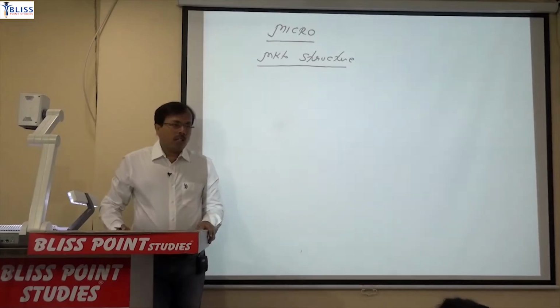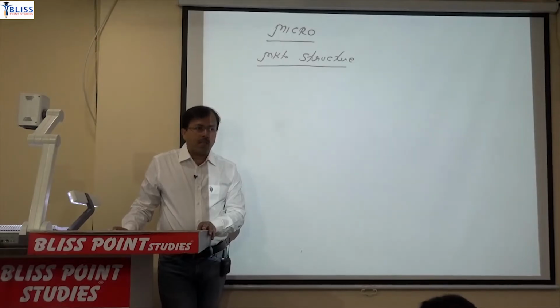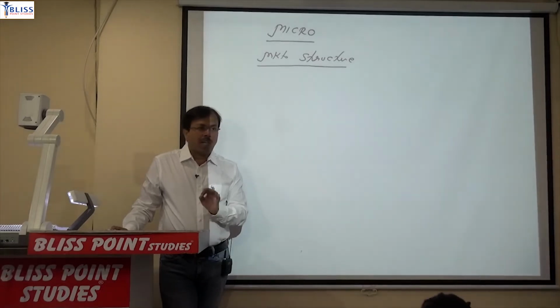First of all, when we explain microeconomics, micro deals with the unit and macro deals with the aggregate. So in micro, whenever you are studying market structure, we are not studying a marketplace here. We are studying basically the market for one particular product, a specific concept.